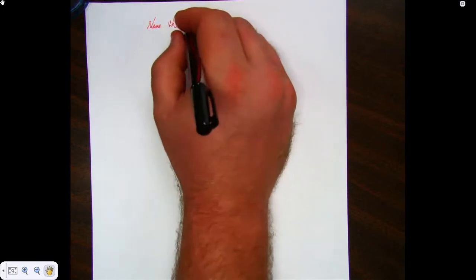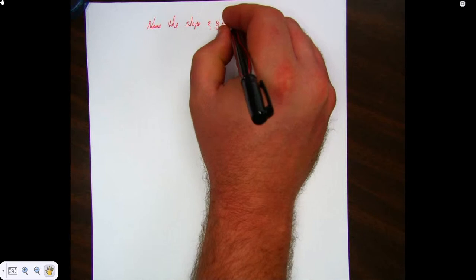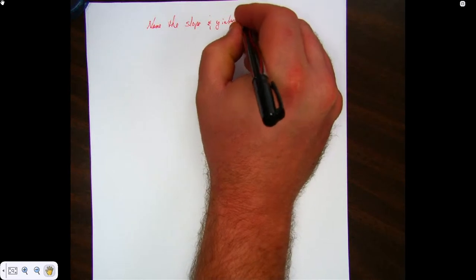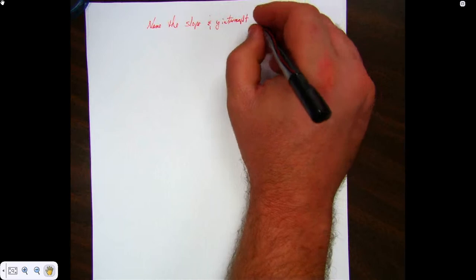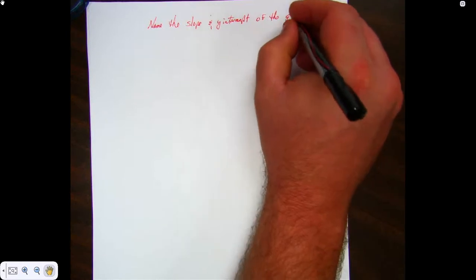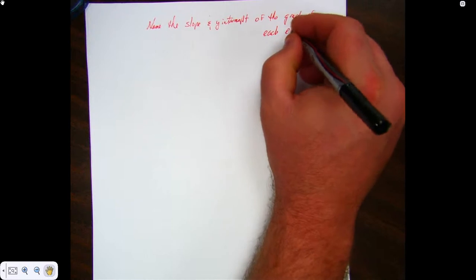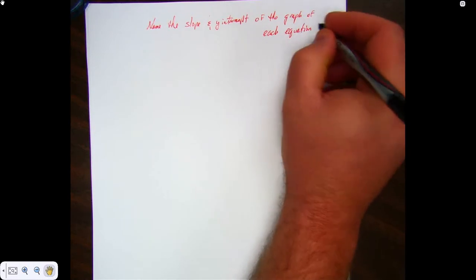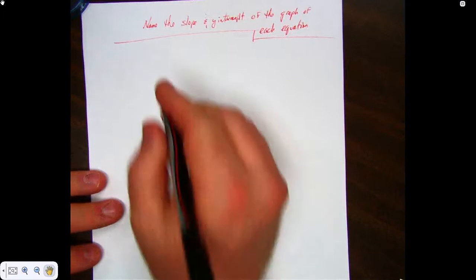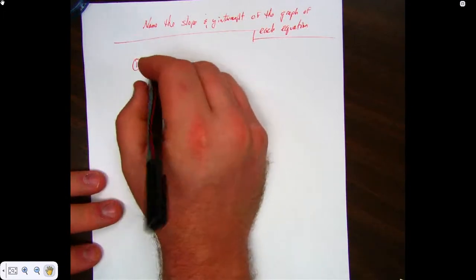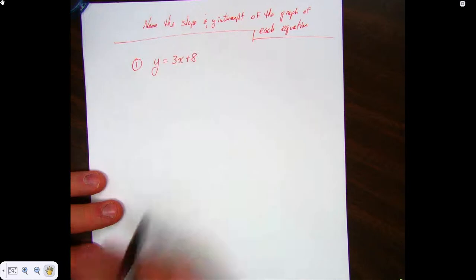Name the slope and y-intercept of the graph of each equation. Okay, number 1, y is equal to 3x plus 8. One thing that we haven't talked about.